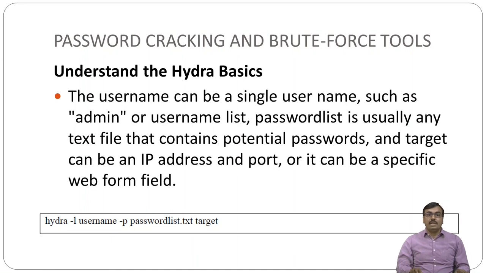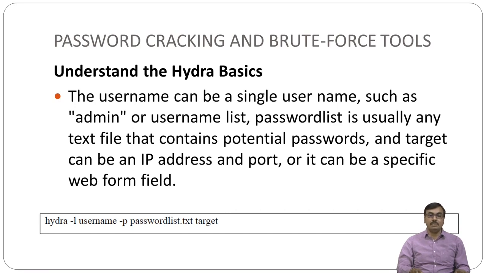The username can be a single username such as admin, or a username list. The password list is usually any text file that contains potential passwords, and the target can be an IP address and port, or it can be a specific web form field.